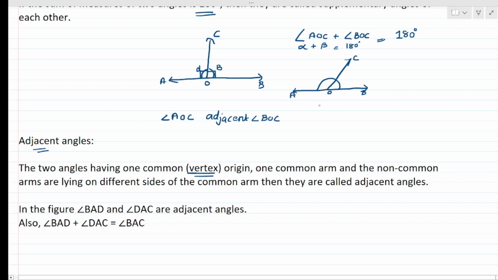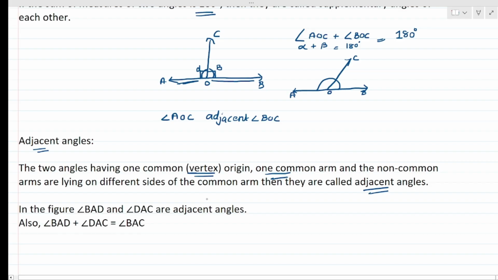So this can be taken as an example of adjacent angles as well. One common arm, and the non-common arms lying on different sides of the common arm, are called adjacent angles. This is my one non-common arm, and this one, OA, is the other non-common arm.